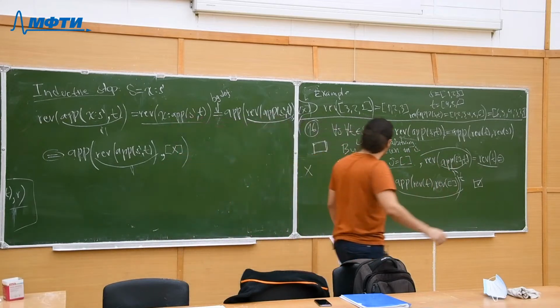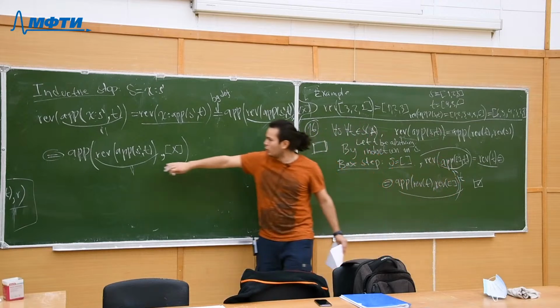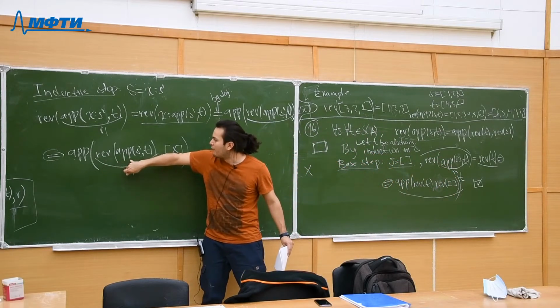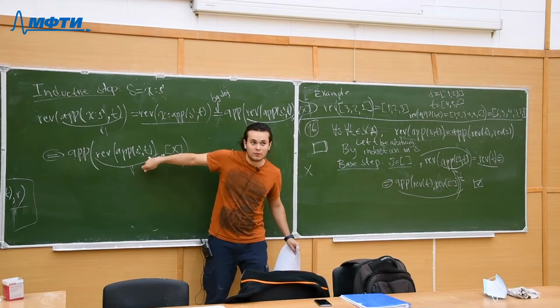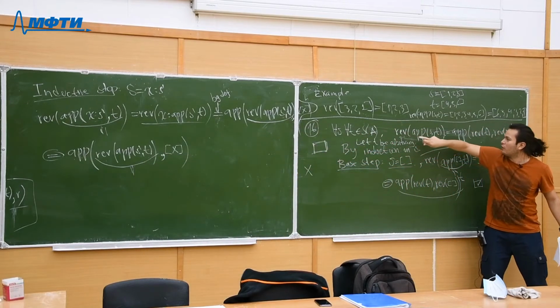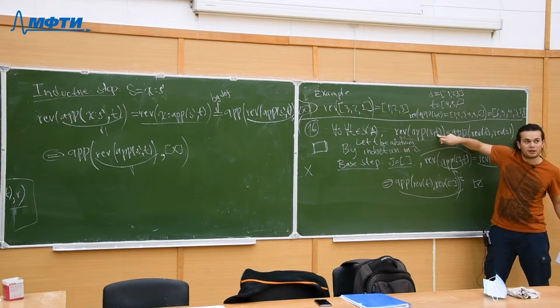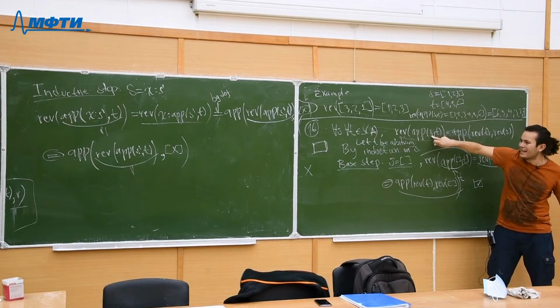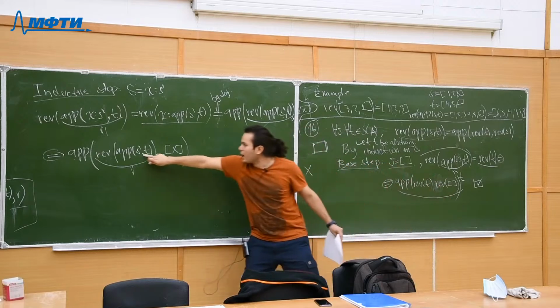Look, we have this, the reverse function of app S prime T. This is almost the same as the reverse function of app ST, right? What's the difference? We have here S, we have here S prime.